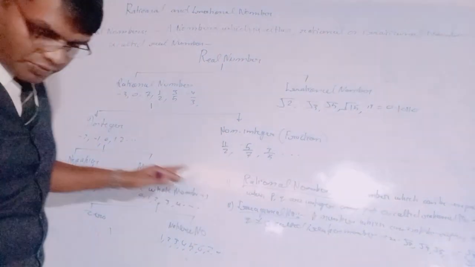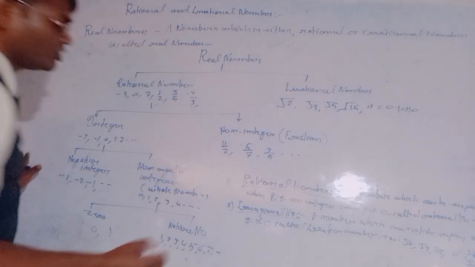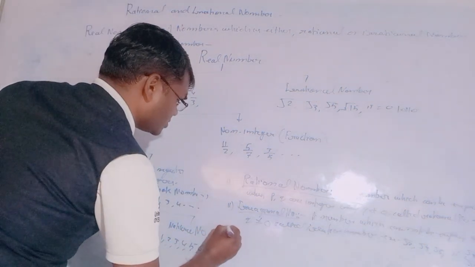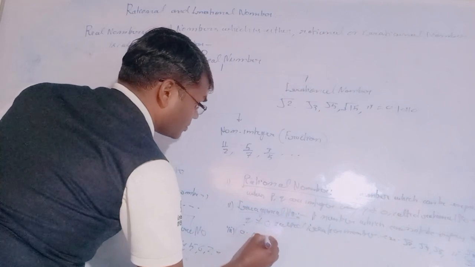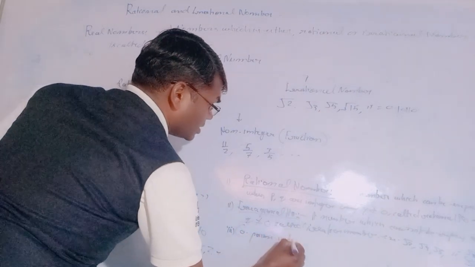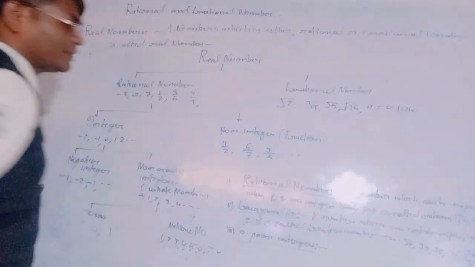Got it? Now further we will take co-prime integers. What are co-prime integers?